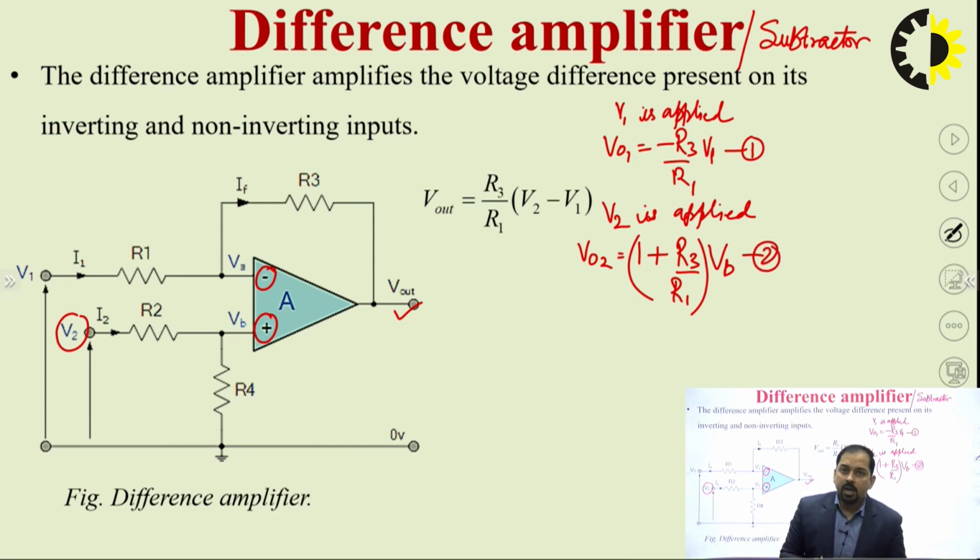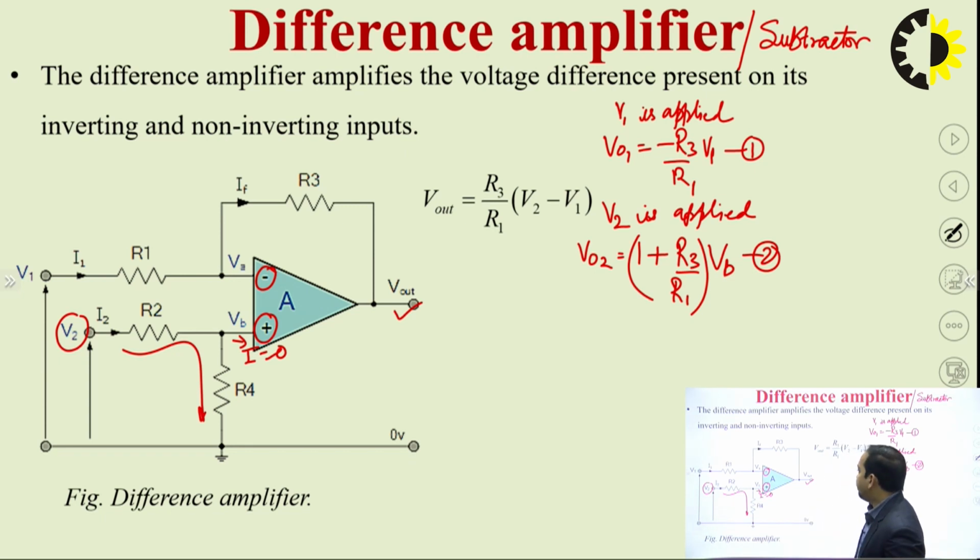Now if we are able to find one more relationship, between V2 and VB, then it will be quite easy. As we can see, no current enters here, which means these two resistances R2 and R4 are in series. So the value of VB can be written as V2 multiplied by R4 divided by R2 plus R4.